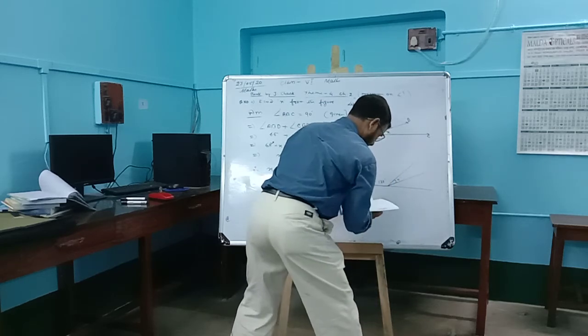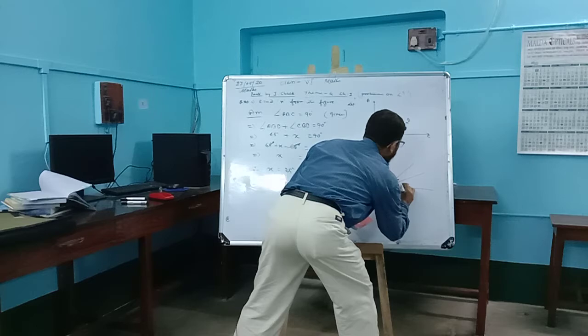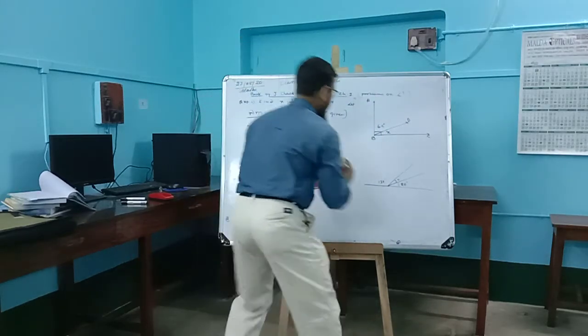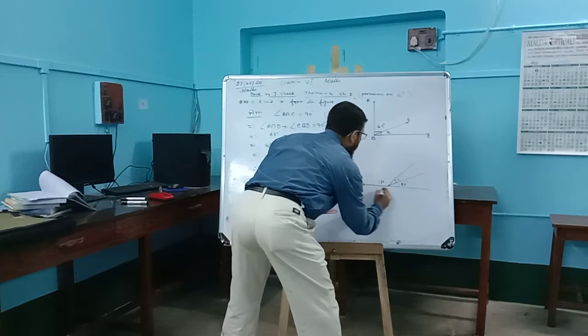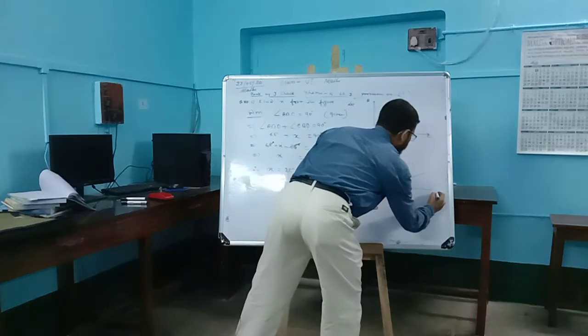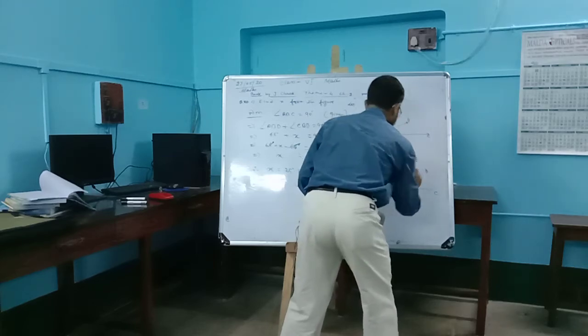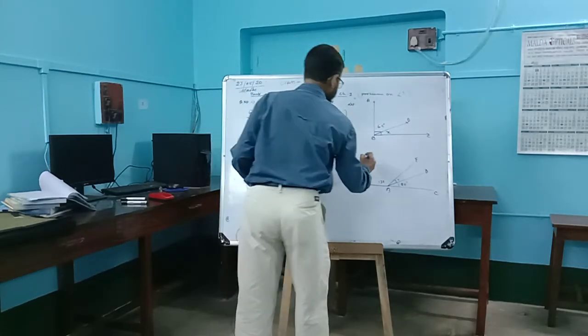This is x and this is 20 degrees. No names are given. Let these be A, B, C, D, E. Let the figure be this.